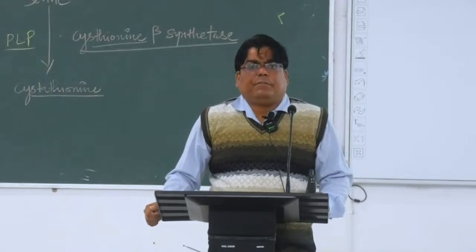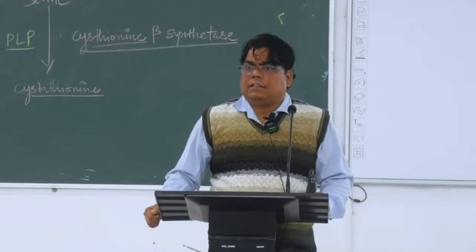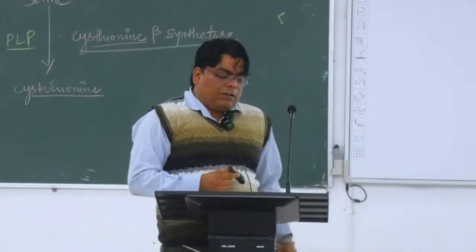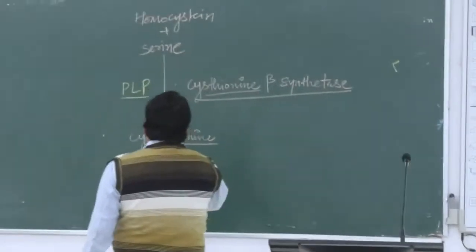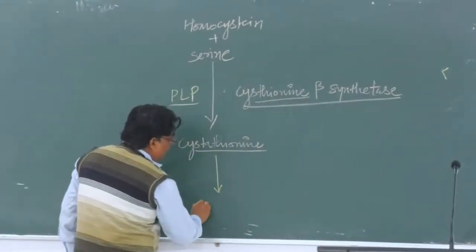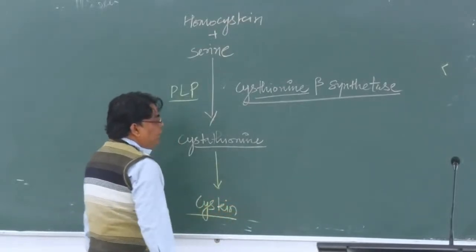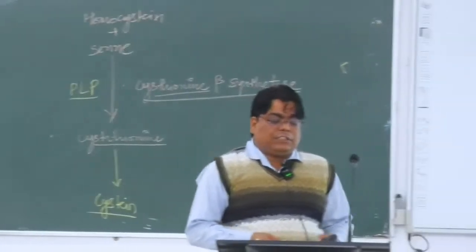What is the chemical name? Which vitamin does PLP stand for? PLP is basically vitamin B6, pyridoxal phosphate. Okay. Now in the next step, cystathionine is converted into cysteine by the enzyme cystathionase.